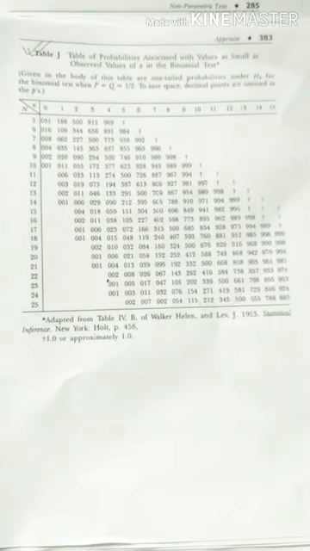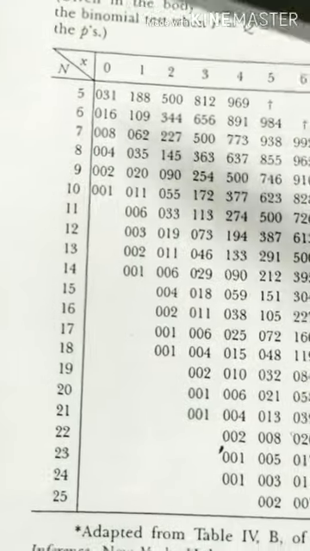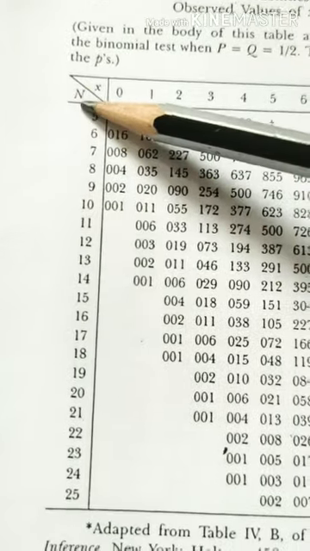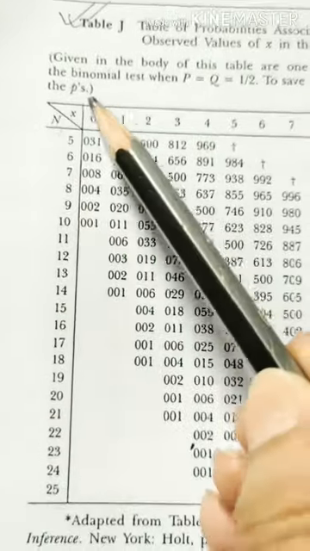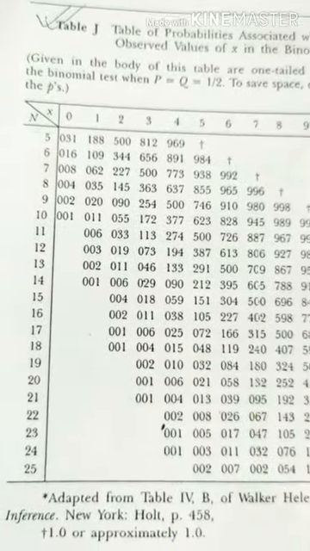There are two tables for sign test. The first table is for smaller size samples, which is if the sample is smaller than 25. So this is the table of sign test for smaller size sample, and as we have already established the values of n and x, as you can see here, this is the value of n and this is the x value.